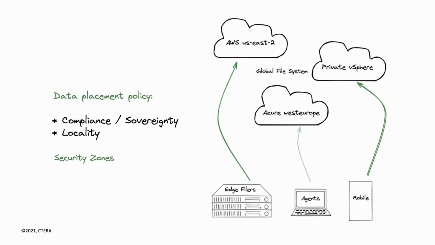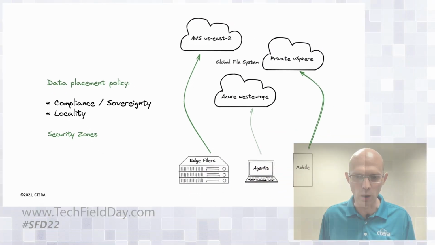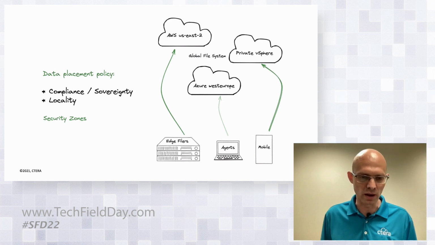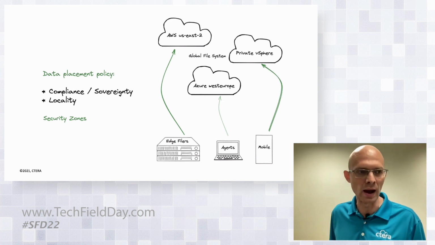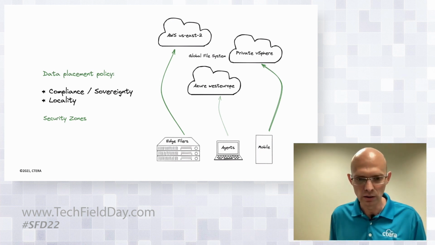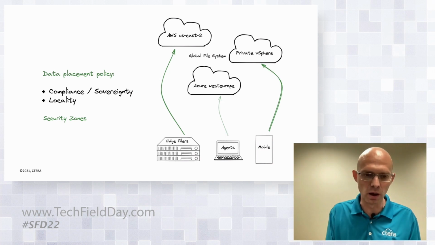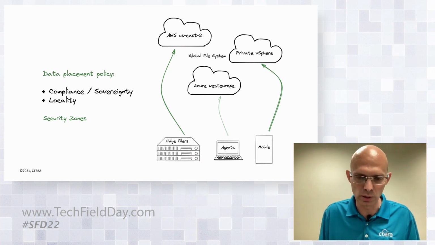The second, and this works also together with the security zones. And the security zones are a bit from the other side. You have some information in the global file system, and by compliance or by your security requirements, you don't want to expose this data in specific locations. For example, let's say you have a GDPR controlled file or healthcare file containing patient information from patients in Germany.